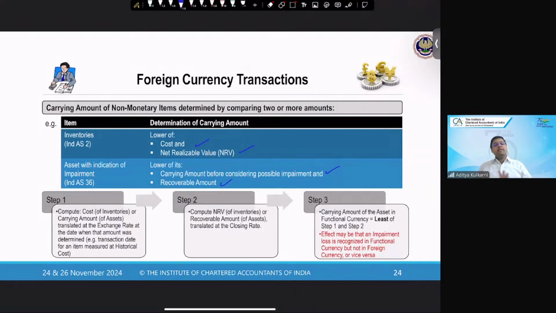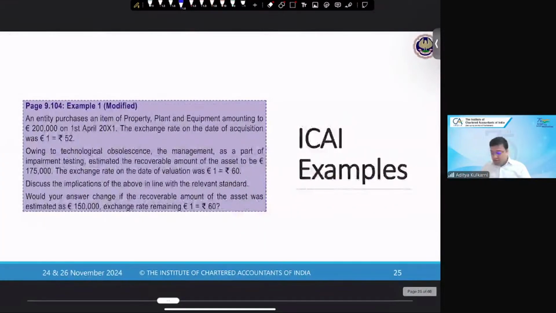So you can see multiple comparisons are there. These comparisons gain significance in light of the fact that along with this, there could also be a foreign currency fluctuation. Are we okay? Yes. So let us try to understand how I do this working.